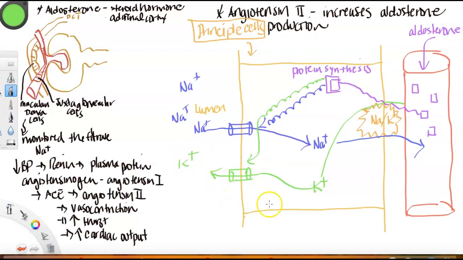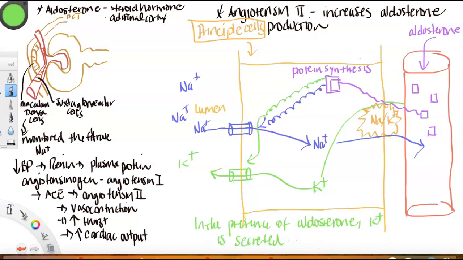Okay, so in the presence of aldosterone, potassium is secreted.